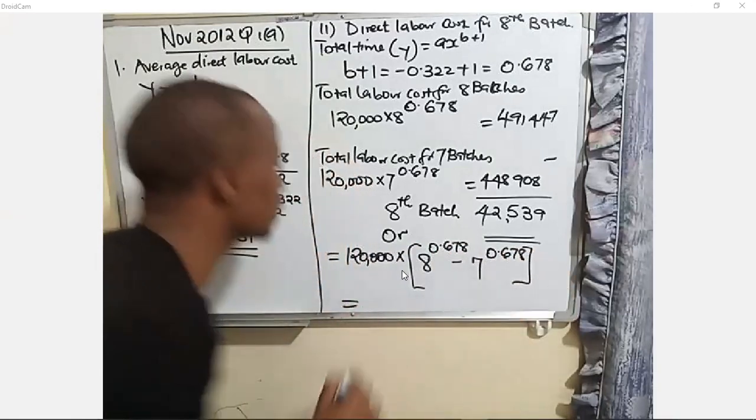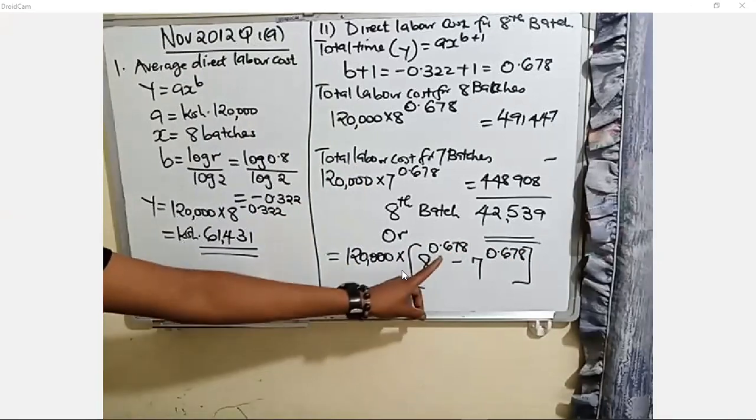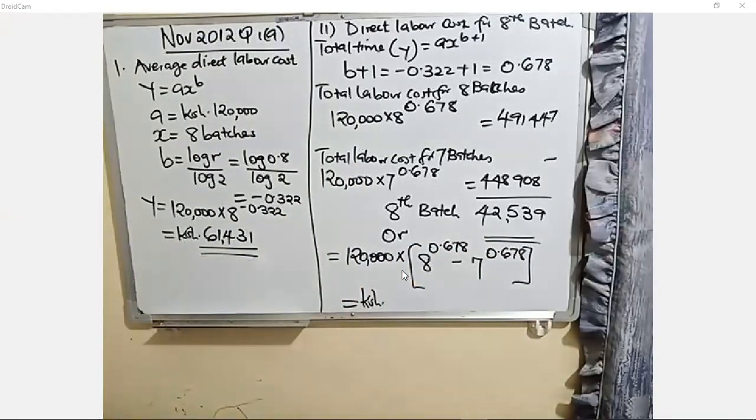So can we see whether we are getting the same answer? 8 raised to 0.678 minus 7 raised to 0.678. So I work on this first and then I multiply by 120,000. Is it the same? Yes.